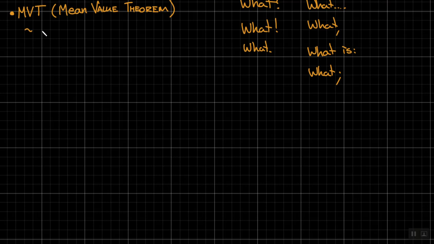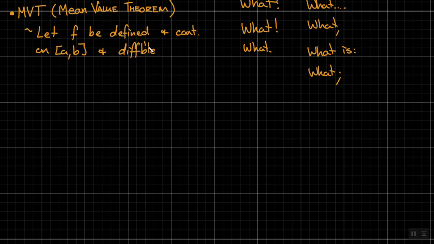We're going to start the theorem pretty similar. Let f be defined and continuous on some closed interval from a to b, and differentiable, which I'm going to use a super shorthand, diffable, on the open interval a to b.